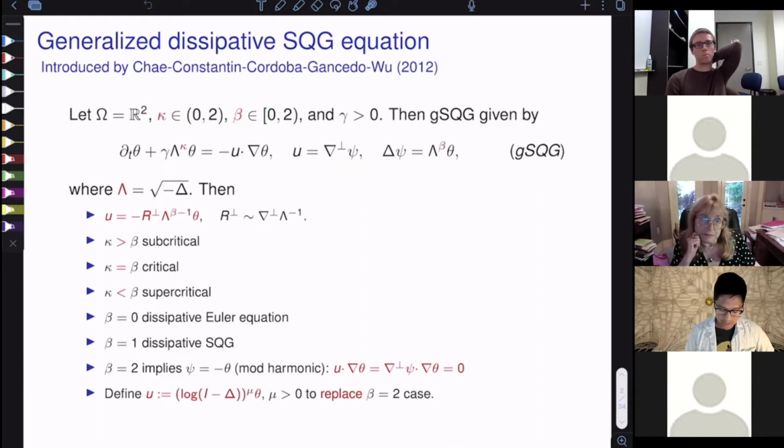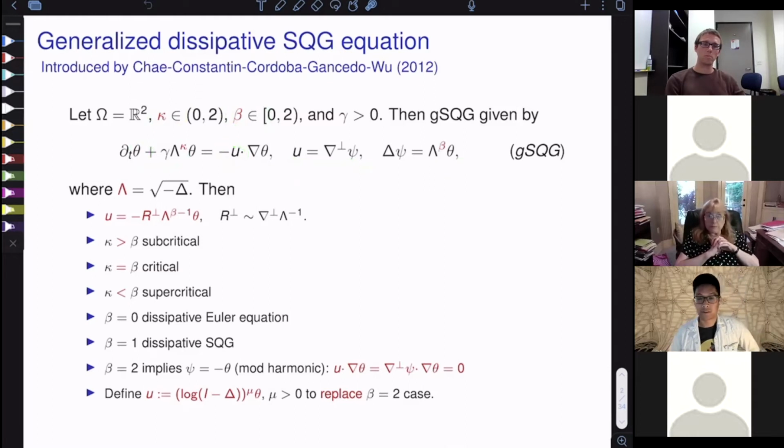It's given by, so theta is the scalar that's being advected by the velocity u, and u depends on theta through this relation. So psi is the two-dimensional stream function. Gradient perpendicular is the perpendicular of the gradient, and this is the Poisson equation satisfied by the stream function. This lambda is the square root of the minus Laplace.